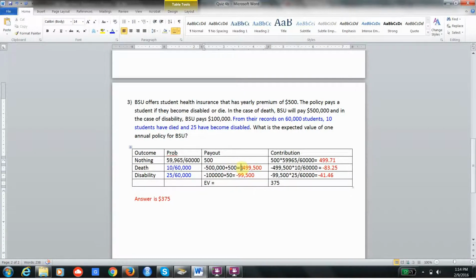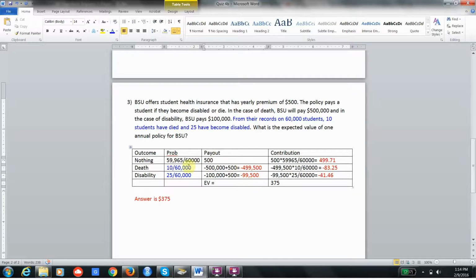And notice we put a negative. That's very important. Same sort of thing here, right? They're going to lose $100,000. But they still gain 500. So they really lose 99,500. That's their net payout.